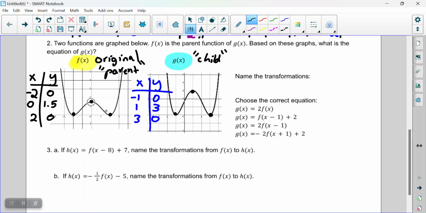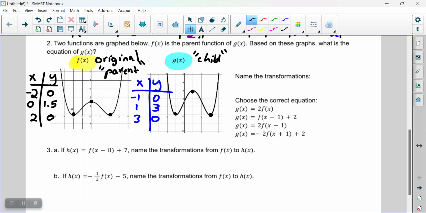You might have been screaming at me, Mr. Lu, that number's wrong. When I'm looking at these x values, we had -2, and then I had -1. We had 0, and then I had 1. We had 2, then I had 3. So -2 to -1, that's like +1. 0 to 1, that's like +1. 2 to 3, that's like +1.